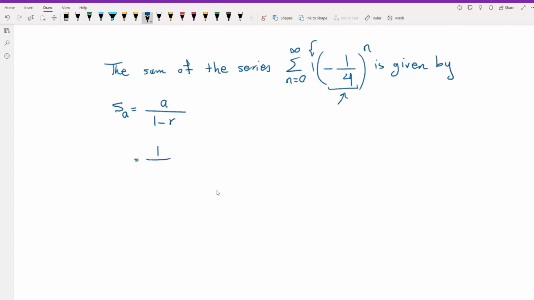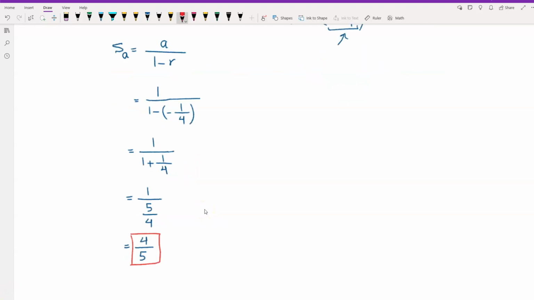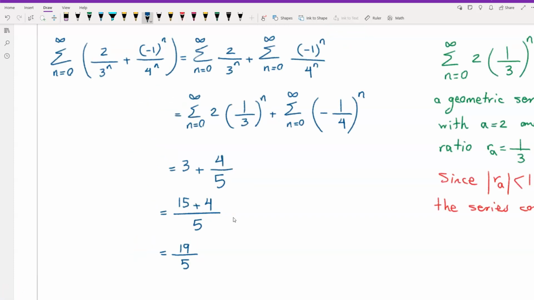So we have 1 over 1 minus r, where r is negative 1/4. So this is equal to 1 divided by 1 plus 1/4. Simplifying, the answer is 4 divided by 5. This means that for the final answer, the sum of the series is equal to 3 plus 4 over 5. The final answer is 19 over 5.